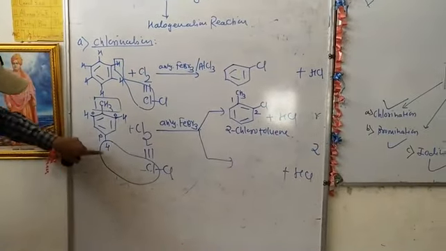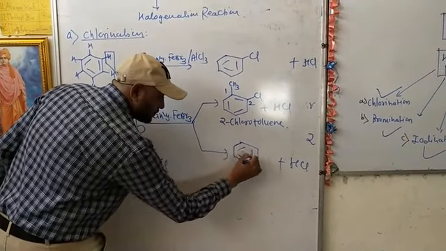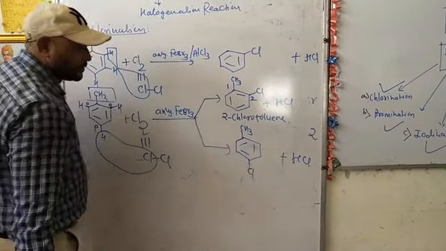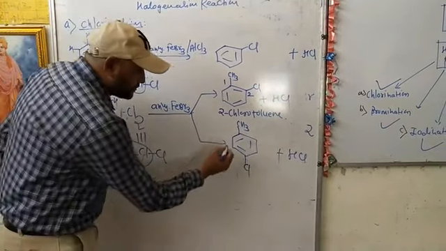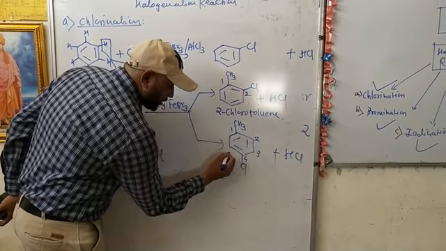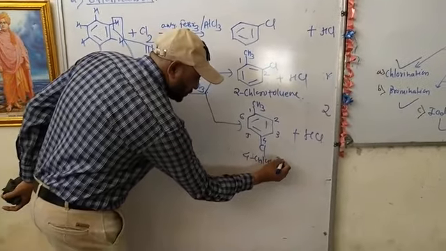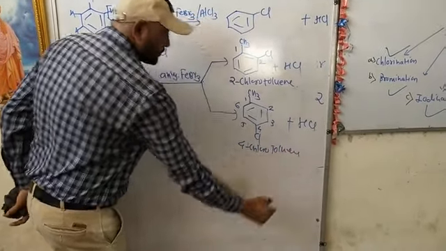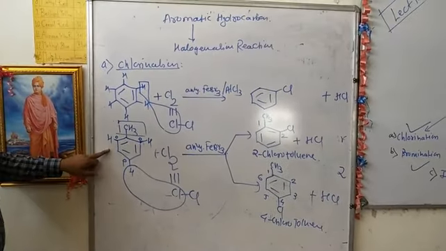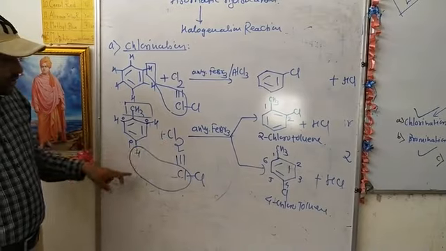Now this chlorine substituted this hydrogen, CH3, HCl. So what is the name of this compound formed? This is the main functional group. 1, 2, 3, 4, 5, 6. 4-chlorotoluene.